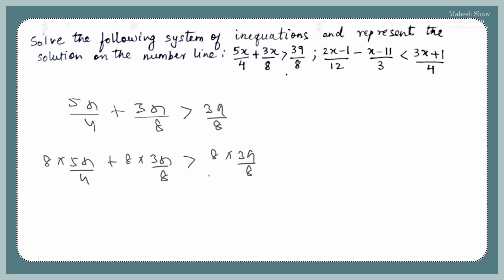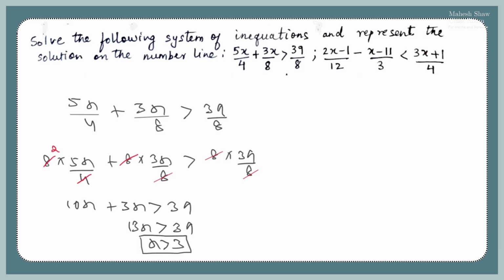So we can see that 8 and 8 get cancelled, and 8 divided by 4 is 2. So this is 5 into 2, that is 10x, this is 3x, which is greater than or equal to 39. So this is 13x greater than or equal to 39, which implies x is greater than or equal to 3. So for the first part x is greater than or equal to 3.